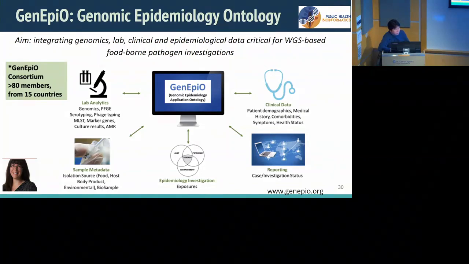So we essentially can reuse some of these developments for our effort quite effectively. There's currently a large consortium of over, I think, 90 members now in 17 countries, something like that, that are helping us to make this a robust resource for genomic epidemiology investigation.